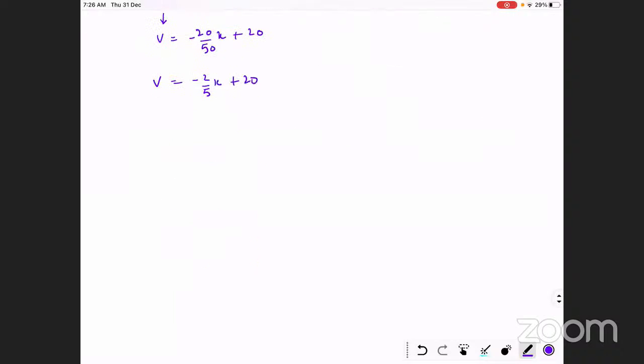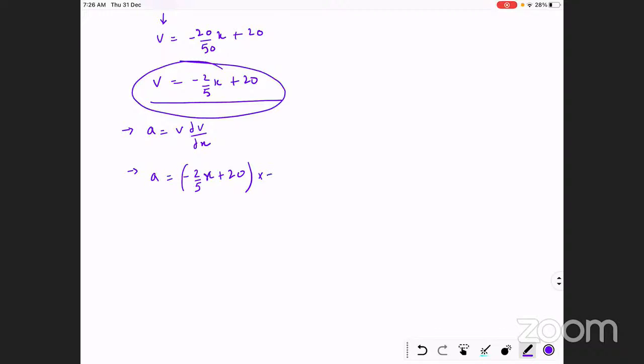Right. Now we will apply this formula. A बराबर V is equal to V dV by dx. Can we apply this formula? Right. So A is equal to V means this equation plus 20 into dV by dx means differentiation of this. And when you differentiate this with respect to x, what you will get? Minus 2 by 5.